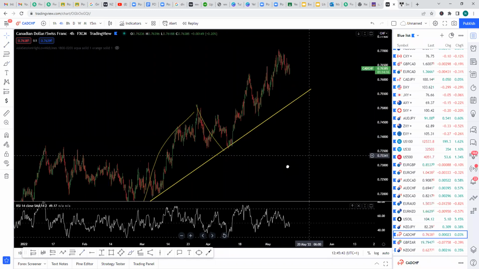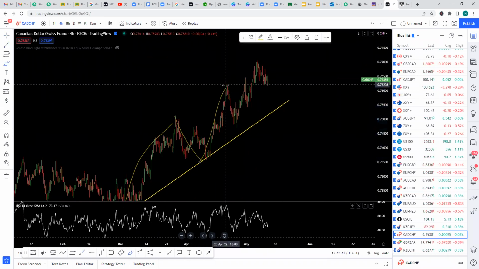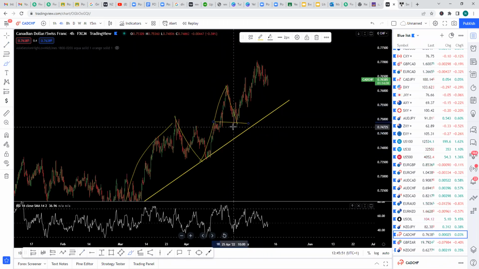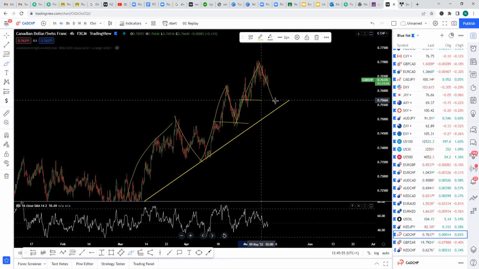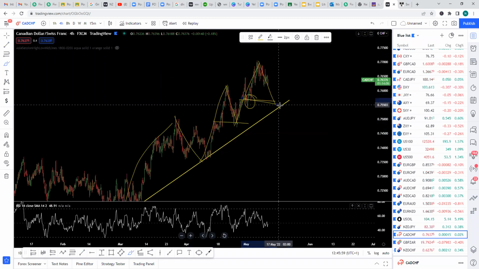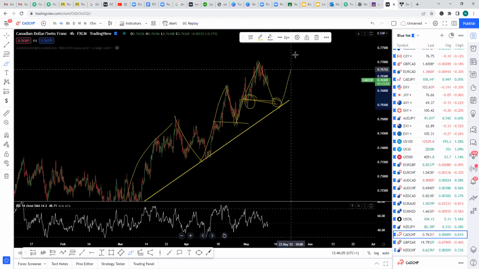See this one here, coming back to the 50% mark. You see this move here? Coming back to where? Mean reversion. So demand here, coming back to this place. This will be a fantastic price level to buy CAD CHF to the upside. Do you get it now?